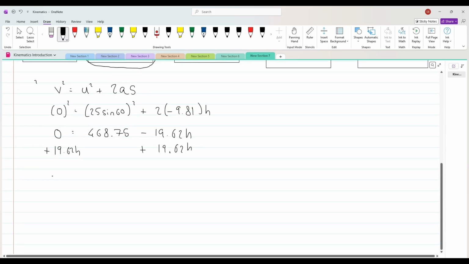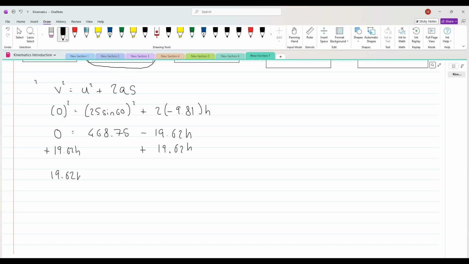That gives us 19.62h equals 468.75. Now let's divide both sides by 19.62 to get rid of that on the left hand side.